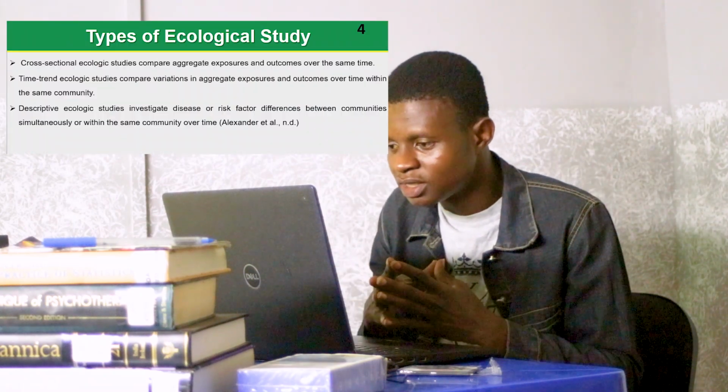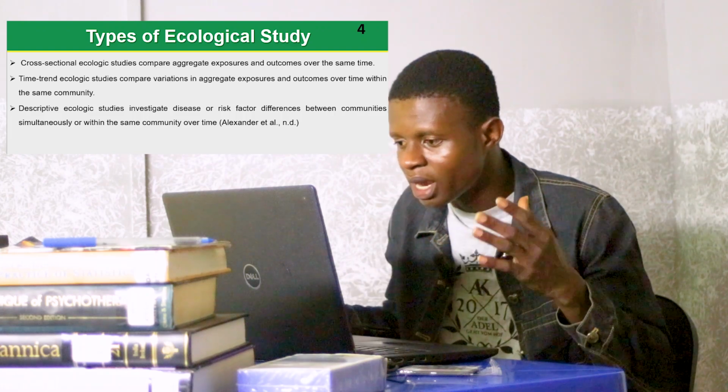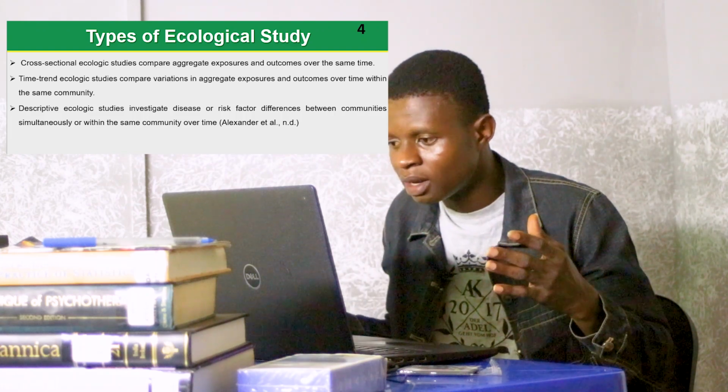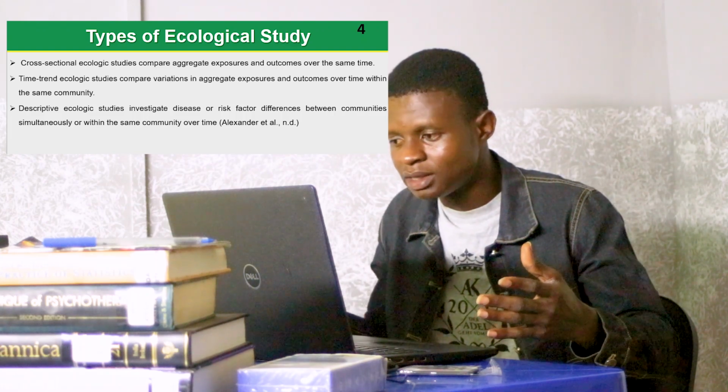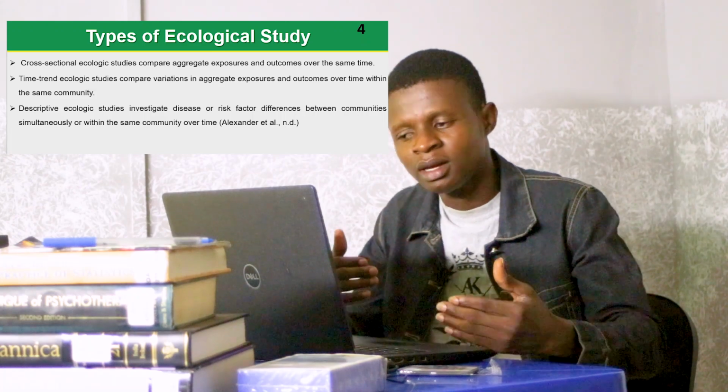That is the cross-sectional ecological study. Compare aggregates of exposure and outcome at the same time. But here, the difference between ecological study and cross-sectional study is that in a cross-sectional study, we are comparing everything at the individual level, and in the ecological study, at the population level.